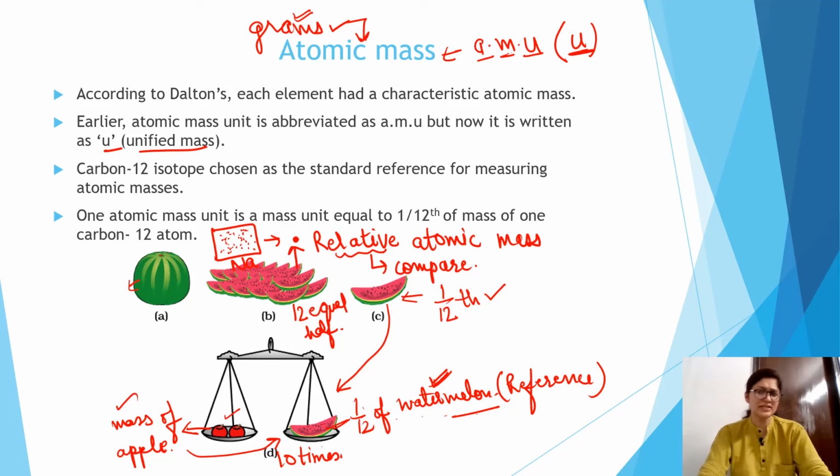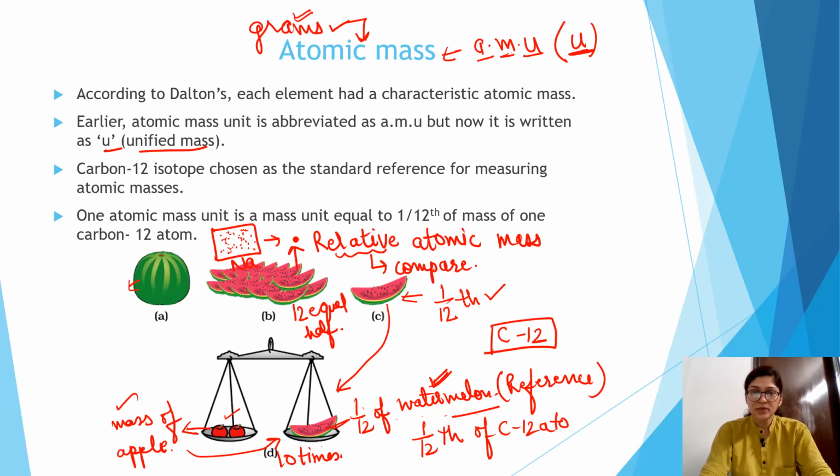In the same way, what did the scientists do? They took C12 as a reference and said that 1 by 12th of the mass of a C12 atom is taken as a reference.